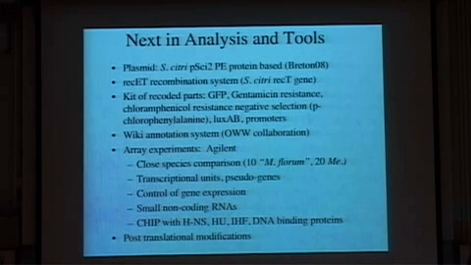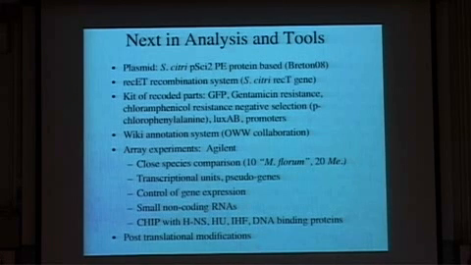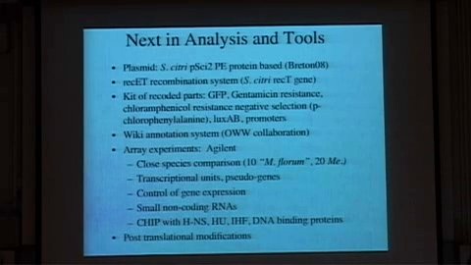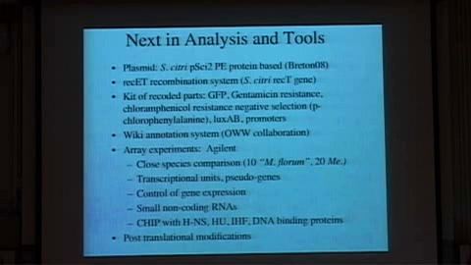We're also pulling out the RecT gene, also out of Spiroplasma citri, which has a similar function to the lambda Beta gene, which catalyzes recombination in the lambda Red system.